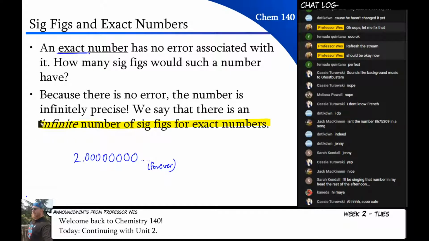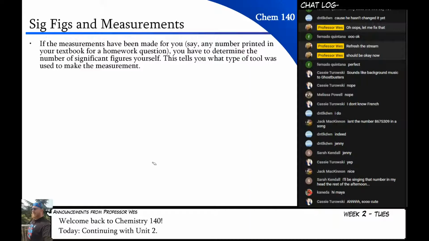And the reason for that is because I know all of these are 0. It's exactly 2. It's not 2.000000001. It's exactly 2. Everything else is 0, and I know that forever. So an exact number has an infinite number of sig figs. Any other number that's measured will be inexact and will not have an infinite number of sig figs.